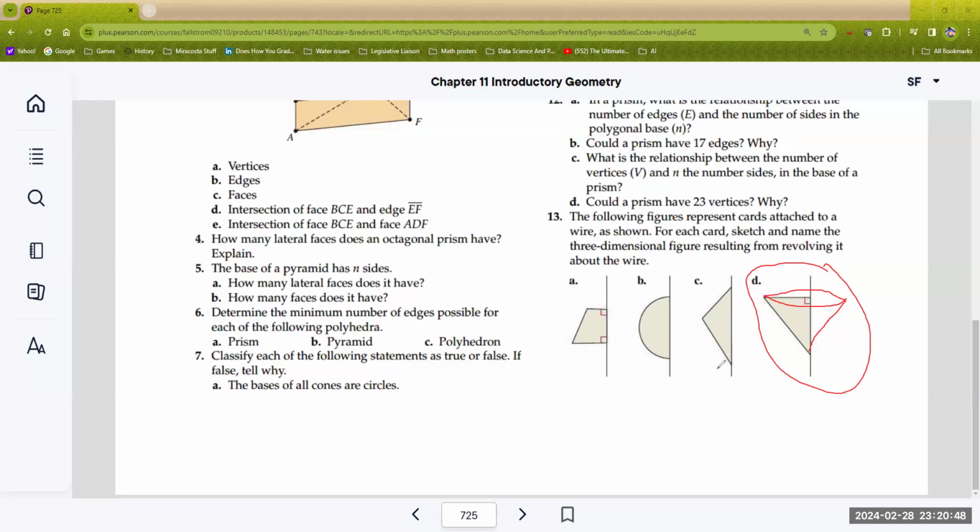So what I want you to do is think, this shape in part C doesn't really look like that. But if I drew a line straight across here, doesn't the bottom shape really look like that? And doesn't the top shape also really look like that? Of course, it's upside down.